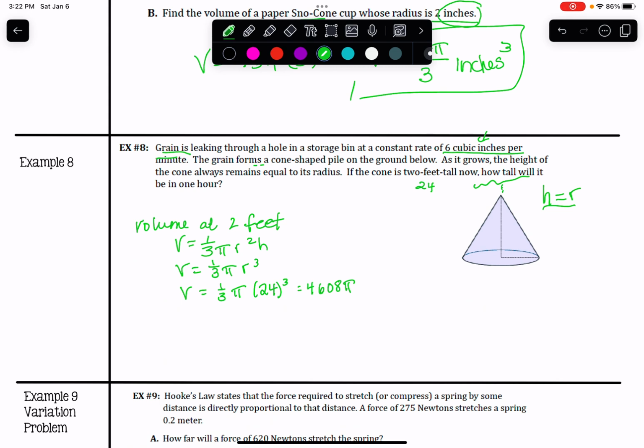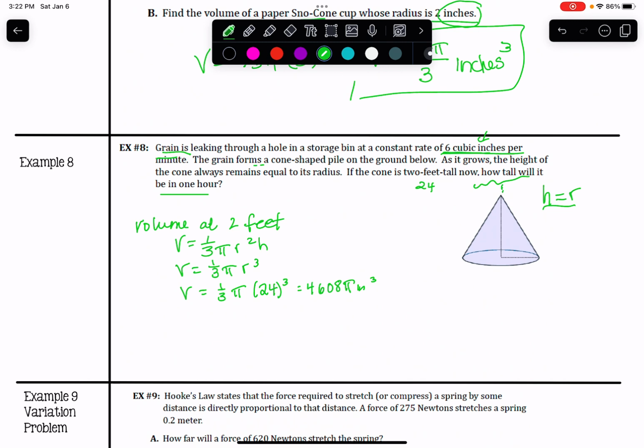That's in inches cubed, okay? Now next, we want to know how tall will it be in 1 hour, all right? And we are given that it's going in at a constant rate of 6 cubic inches per minute. So an hour is 60 minutes.